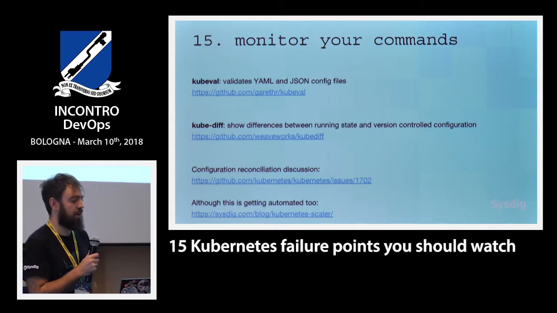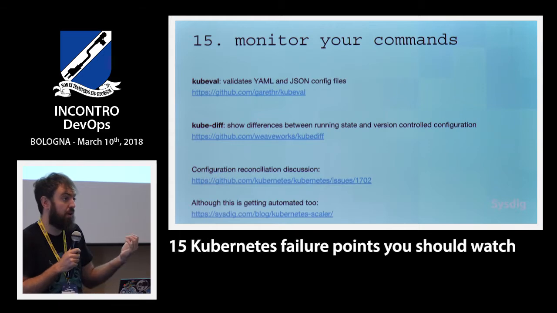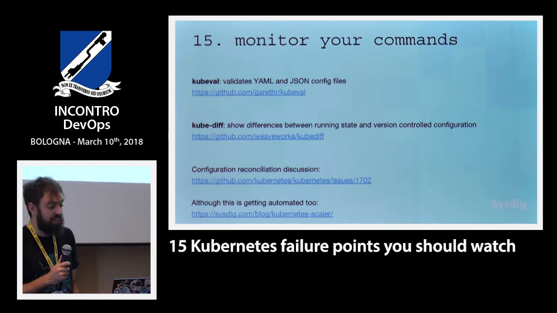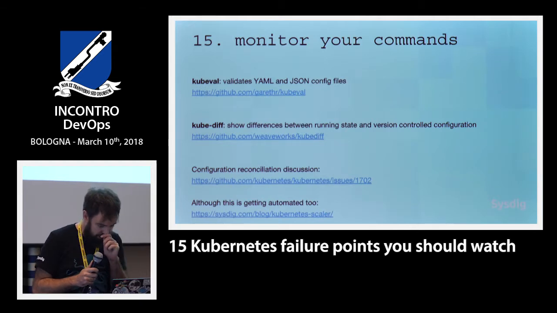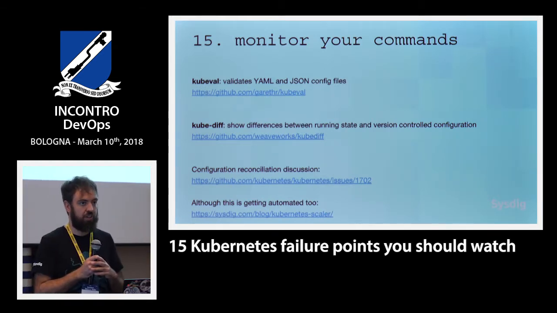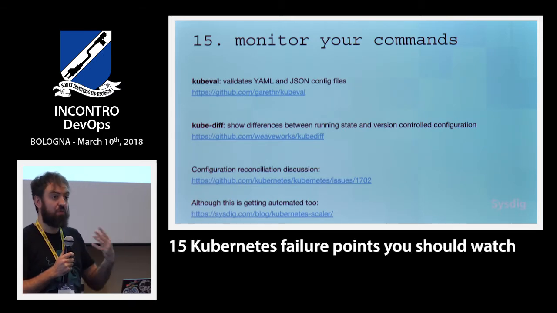So kubedev allows you to monitor that basically, and you can run that as a pod inside your Kubernetes cluster and check against your Git repository. There is an entire whole discussion about configuration and reconciliation in that link, but this is still a very new discussion. All these things, I foresee this area becoming more and more automated.